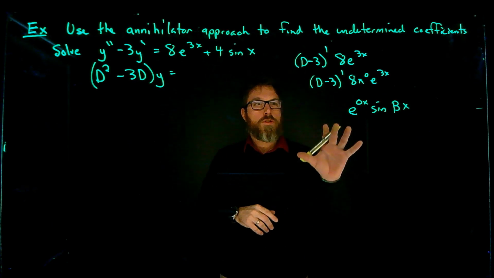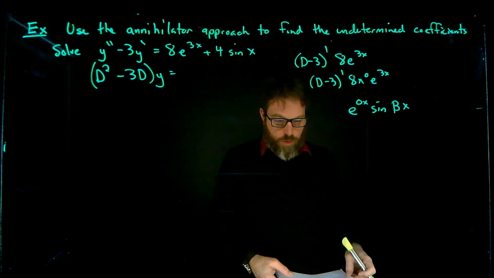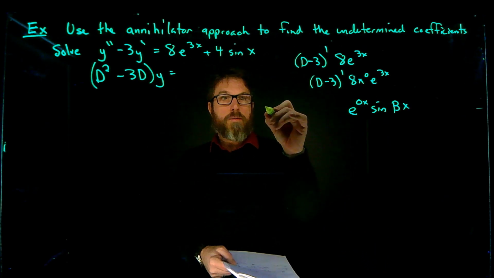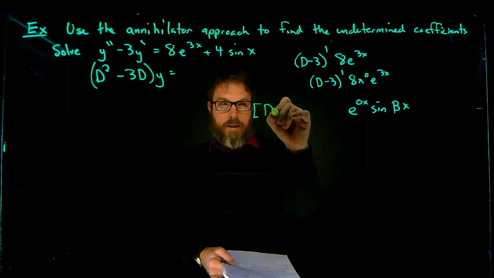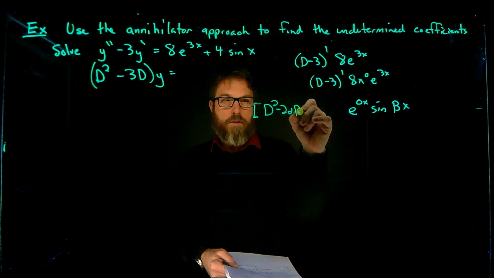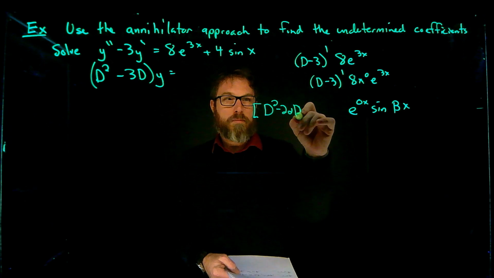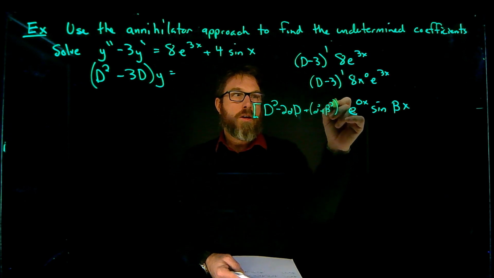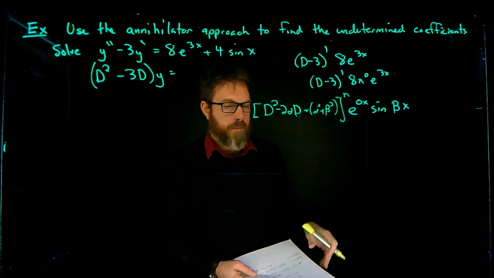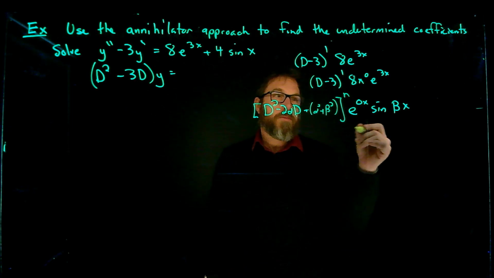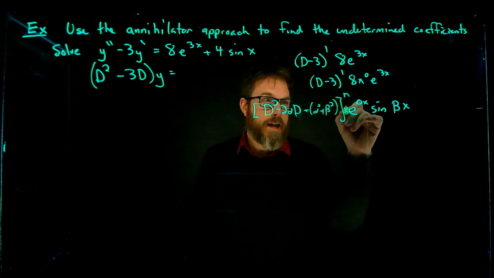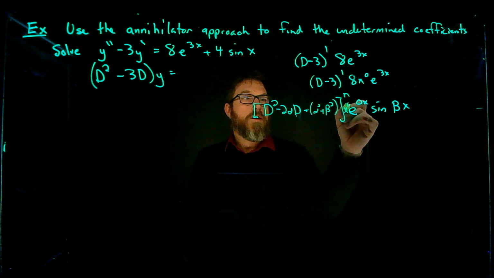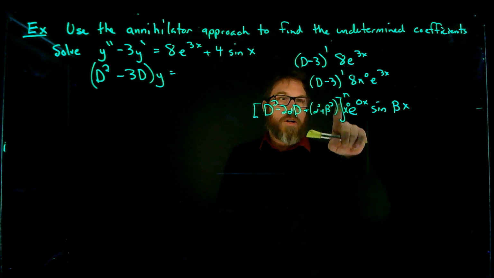And if I was going to annihilate this thing, what we know in order to use that is it's going to be D squared minus 2 alpha D plus alpha squared plus beta squared, all to the nth power. Now, actually, this is a special case as well because there really is an x to the 0 here. So let's start out with this nth power.